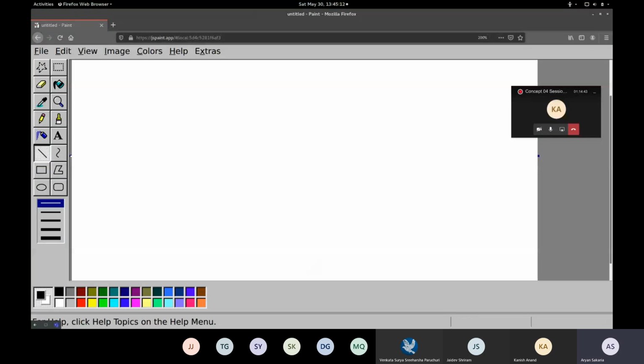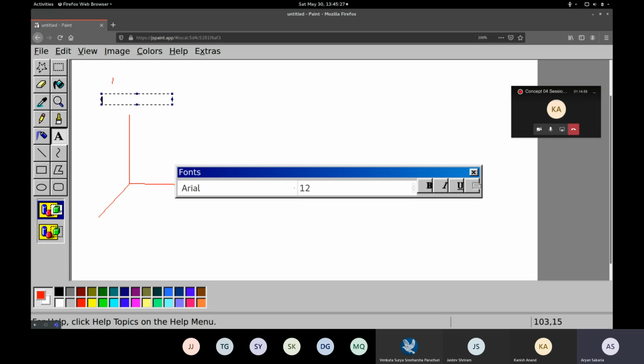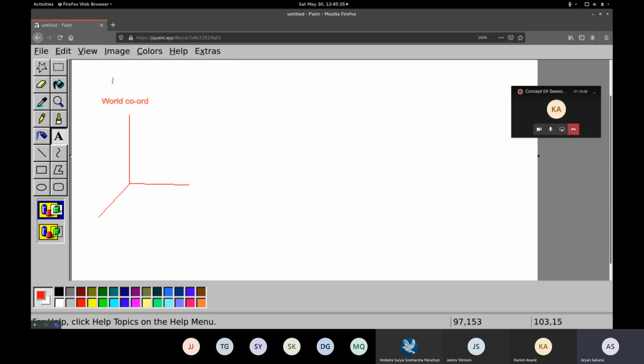So I have, let's say, let's call this the world. This is my world coordinate system, and my camera is located somewhere here.